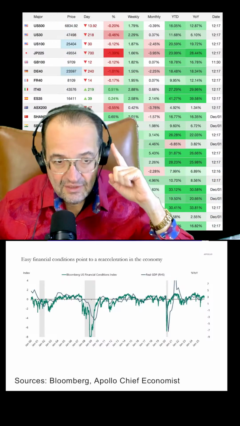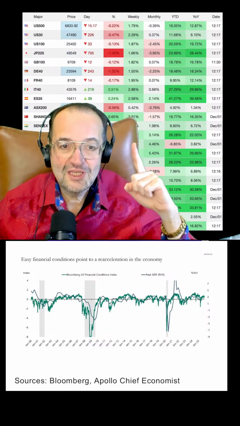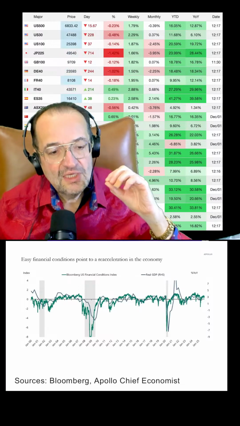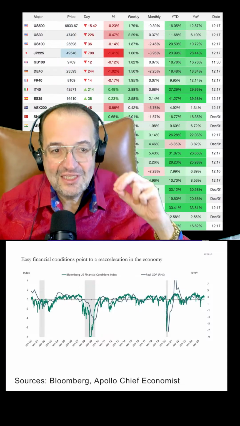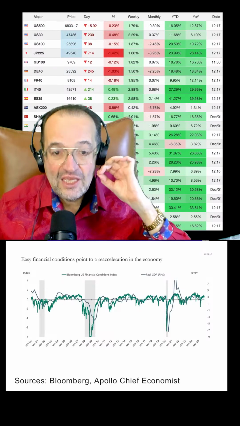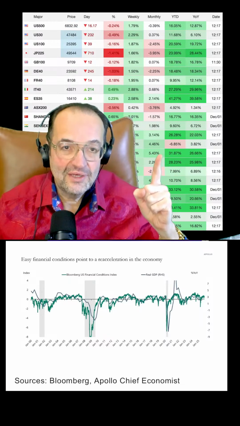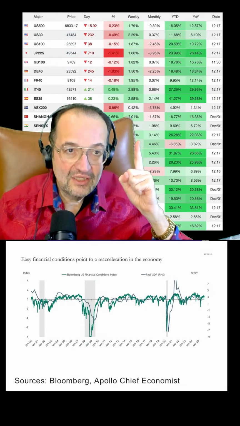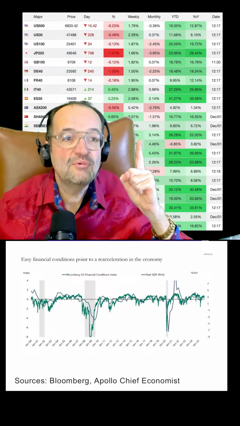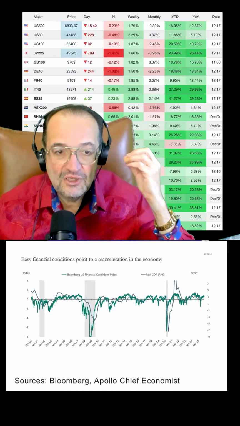So the green line that you see is the Bloomberg US Financial Condition Index. It's a summary measure of how easy or tight credit conditions are across interest rates, spreads, equity prices, and liquidity. The blue line, the smooth line, is real GDP growth.